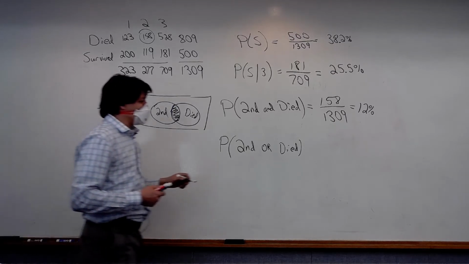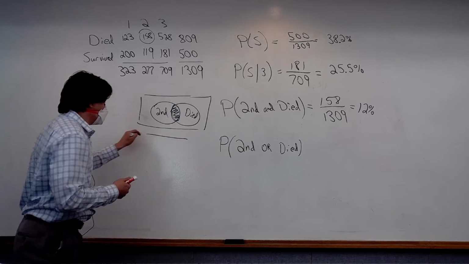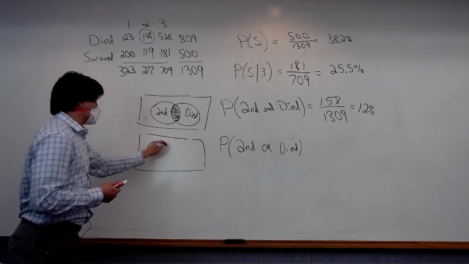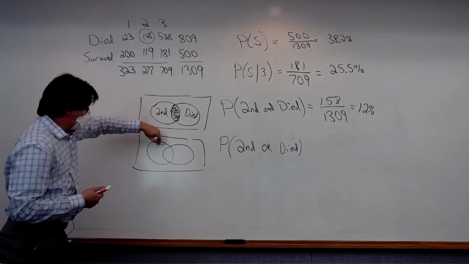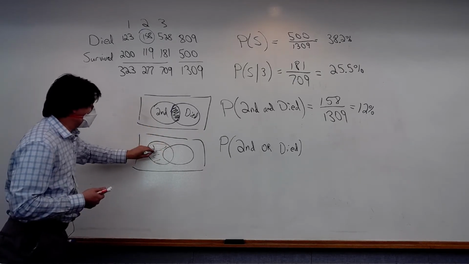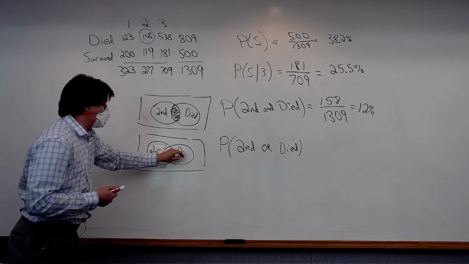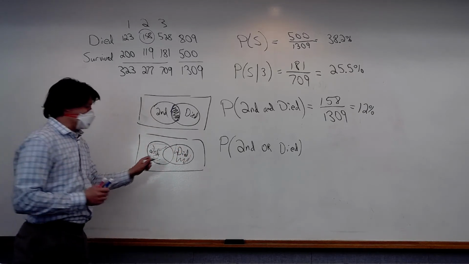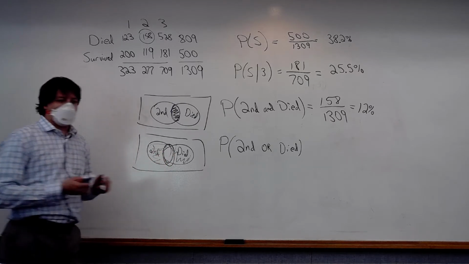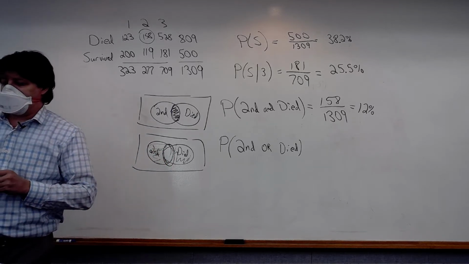So how would we go about that? This is going to be the same Venn diagram, but this time we want all of the seconds to be counted and all of the dieds to be counted. But our biggest issue here is that we can't double count this. We need to make sure we don't double count that middle part.